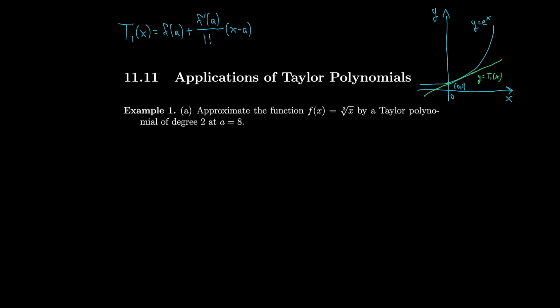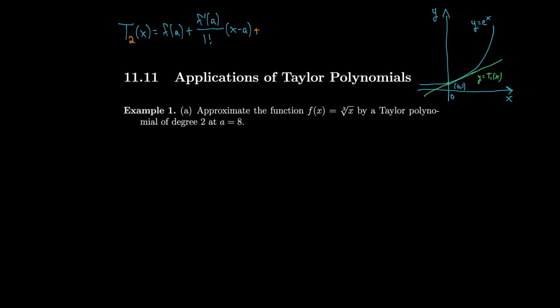So this was if n was equal to 1, but what if I did a different Taylor polynomial? Let's say I go to T2 now. The second degree Taylor polynomial would be if I went one degree more.